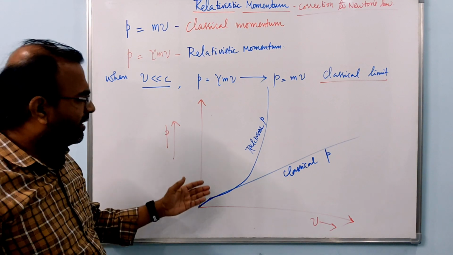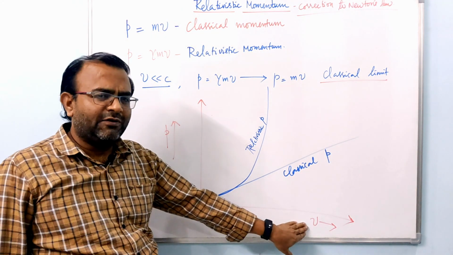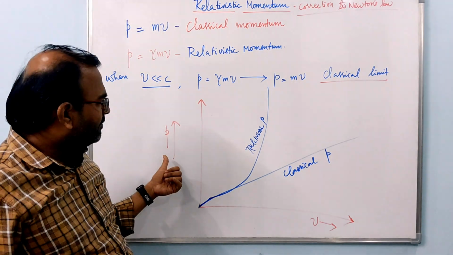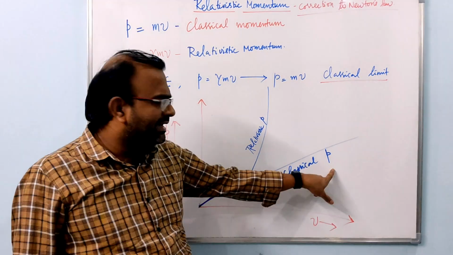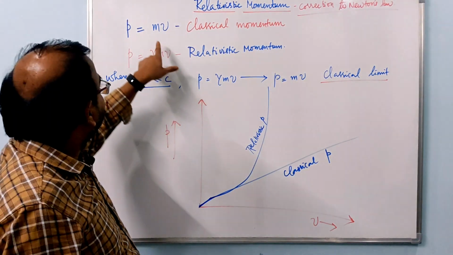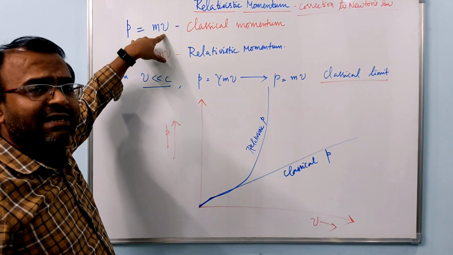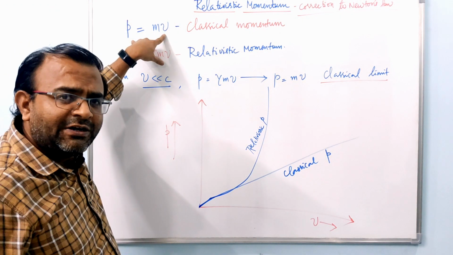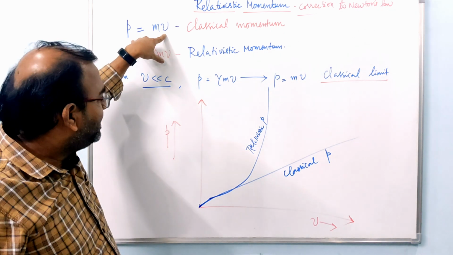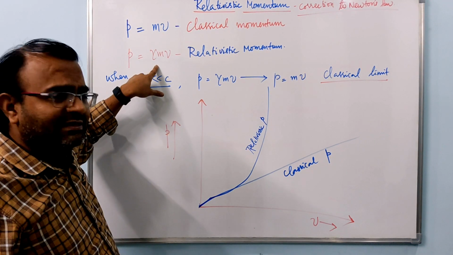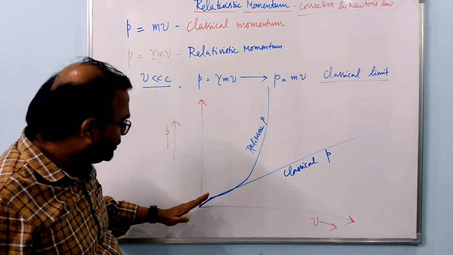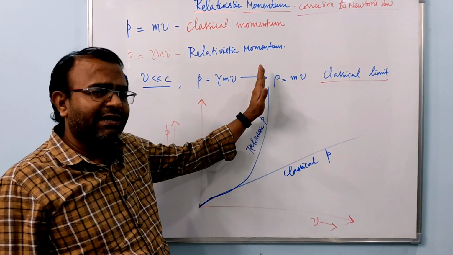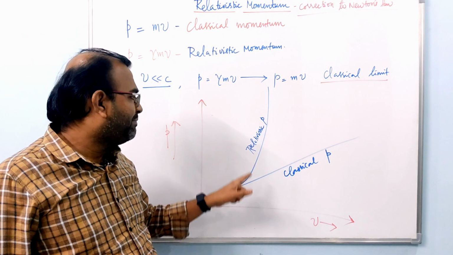Now if you draw a graph between the velocity and momentum, you would get a straight line for the classical momentum, because p is a linear function of the velocity v, whereas in the relativistic case it is not a linear function, so you would get a curve of this particular type.